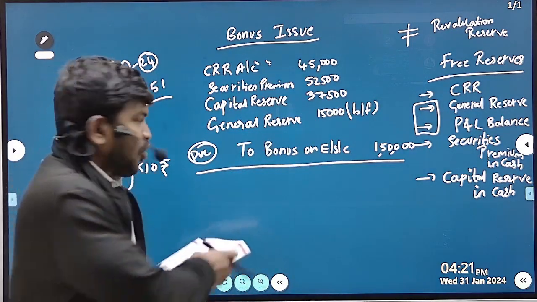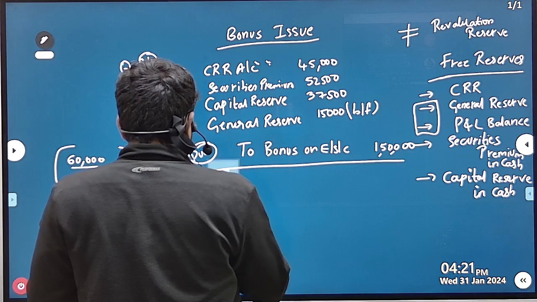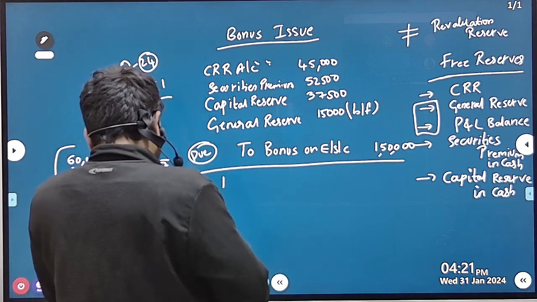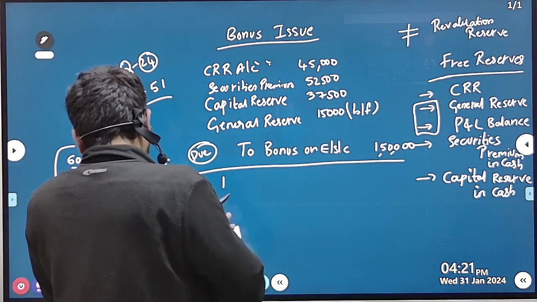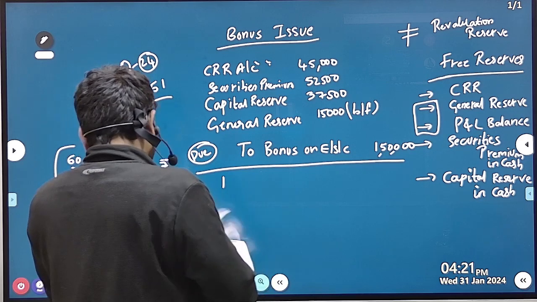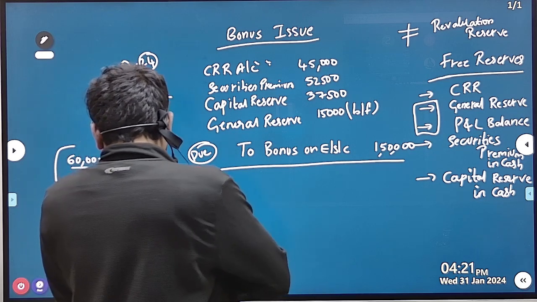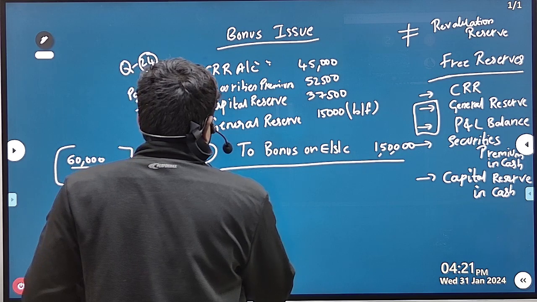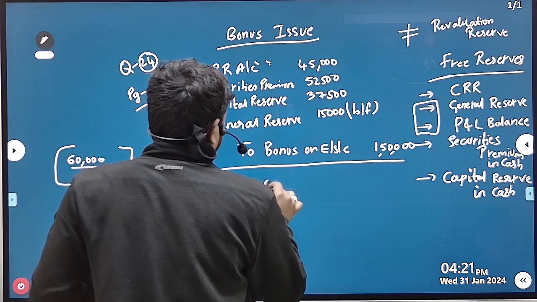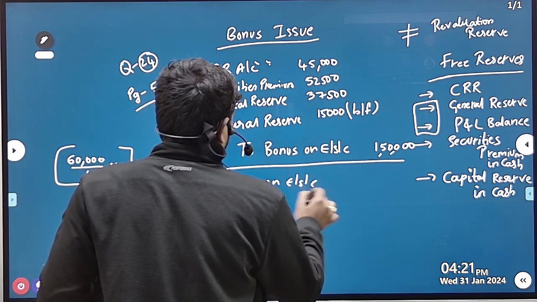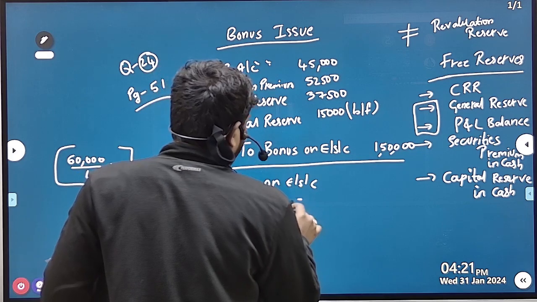Okay? Now when I am actually paying the bonus, what is the entry? Check the entry. Bonus payable to equity shareholders to equity share capital.